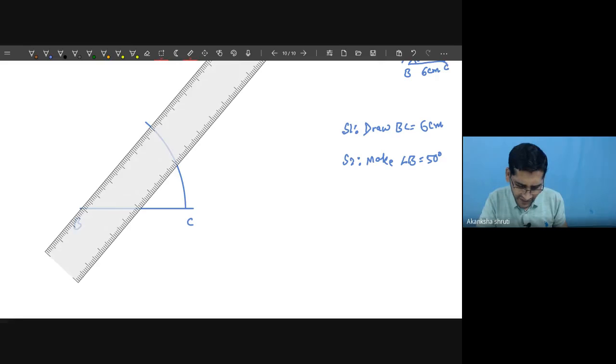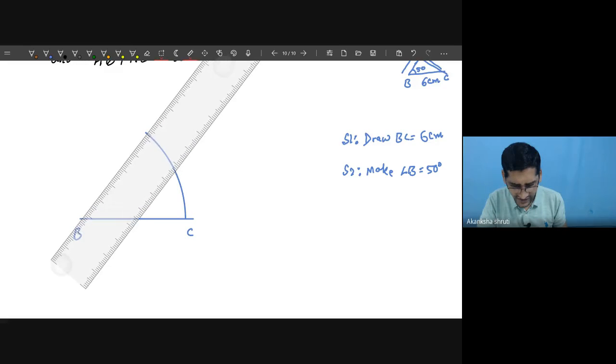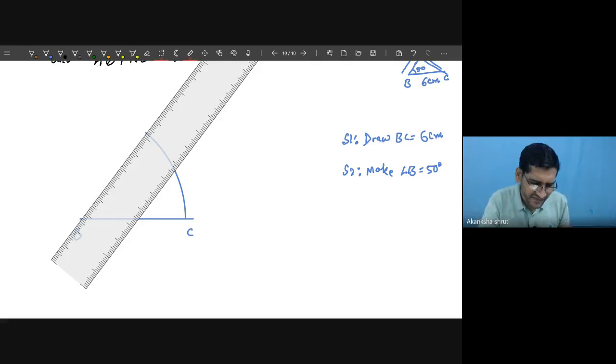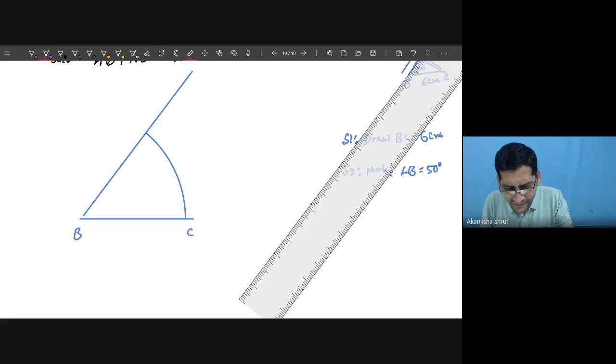So just from B at 50 degree, you have to make a ray. Okay, student. So draw a ray here. So here we have drawn this angle as 75 degree. Sorry, it is given as 50 degree. So this is our 50 degree.